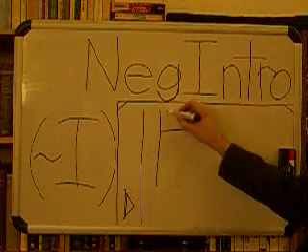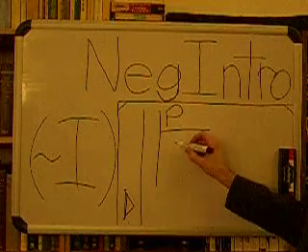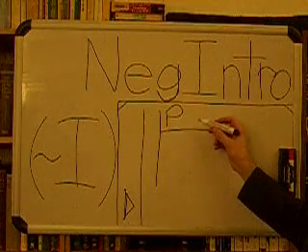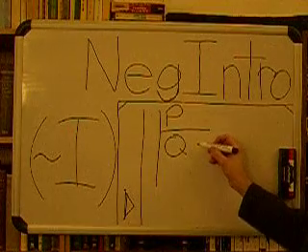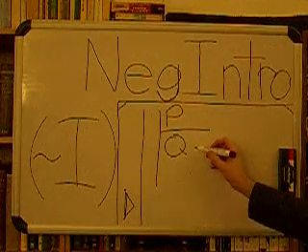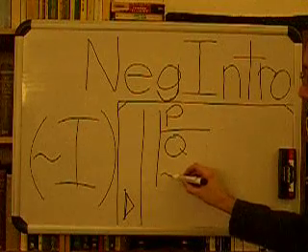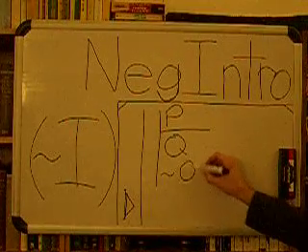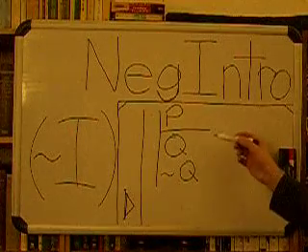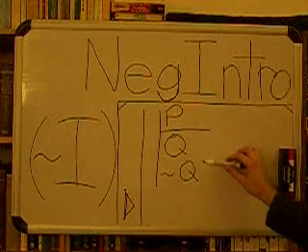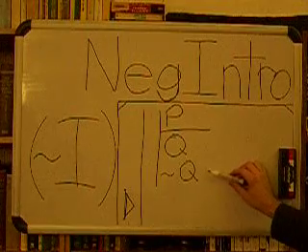We're going to assume P. We're going to show that Q follows from P. And we're going to show also that Q does not follow from P. You got that? We're going to show that Q obtains, and we're going to show that Q fails.